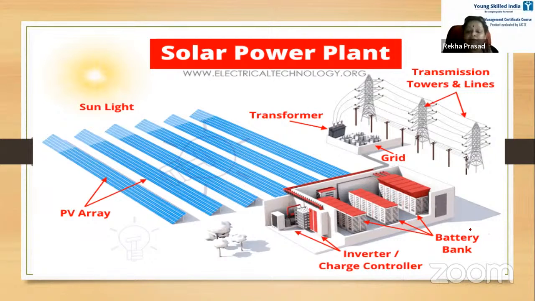Then you have a battery to store the charge. Then you have the grid, the transformer, and the transmission tower lines. Through this transmission line, the power is transported to various destinations wherever it is required.